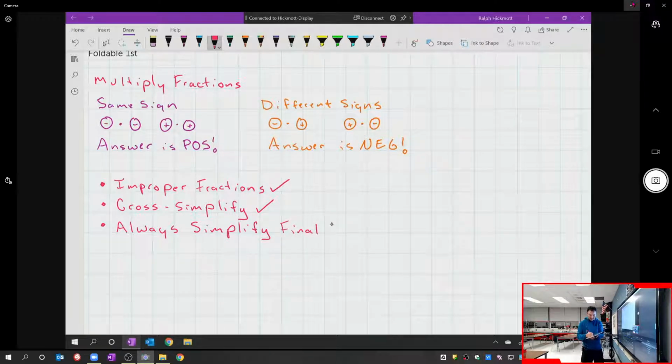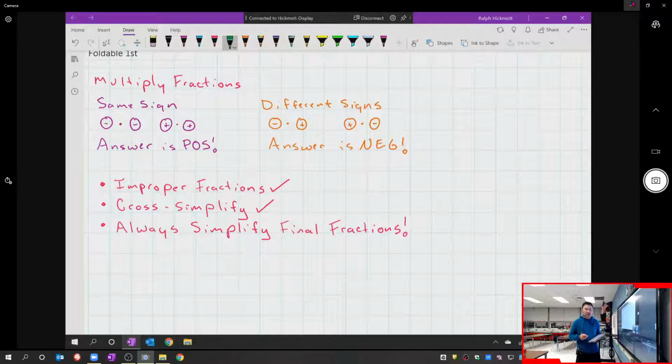So at this point, these are the complete notes as they relate to just multiplying. We are going to do some actual examples in class, and I'll model it and show it. So don't use up the entire space on your foldable. You need extra space to add these examples.